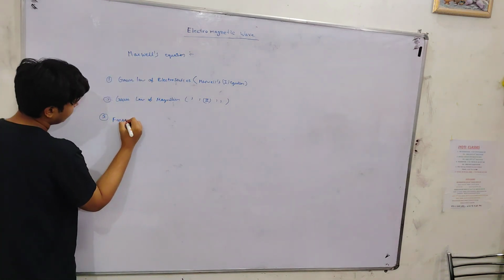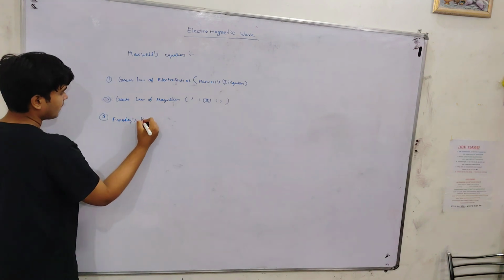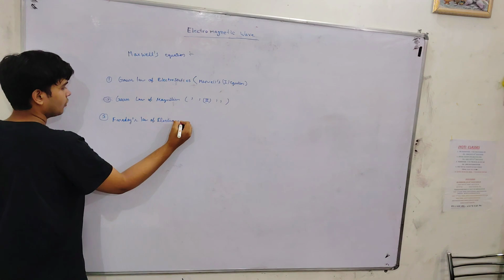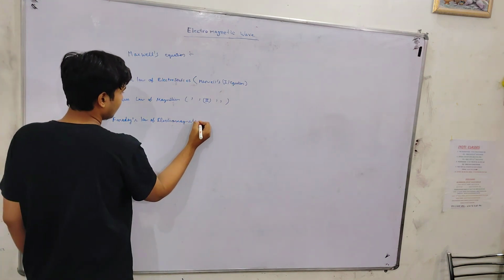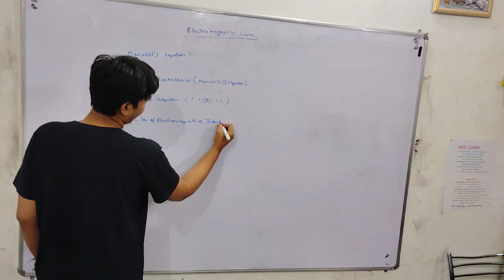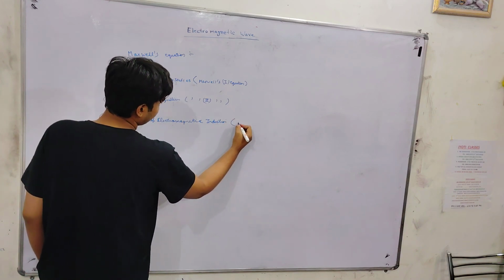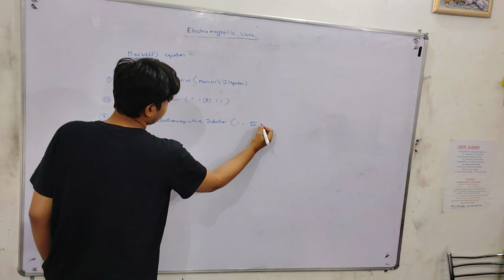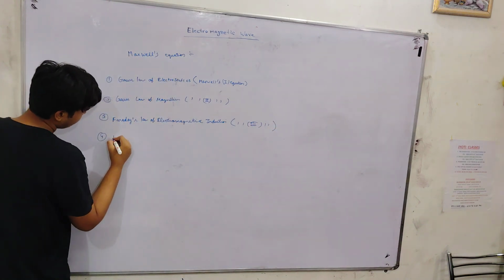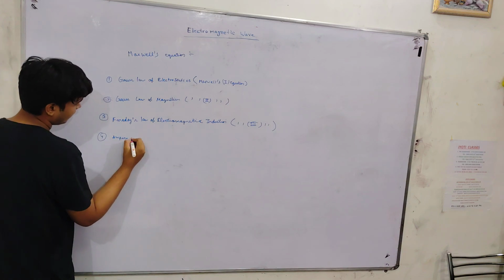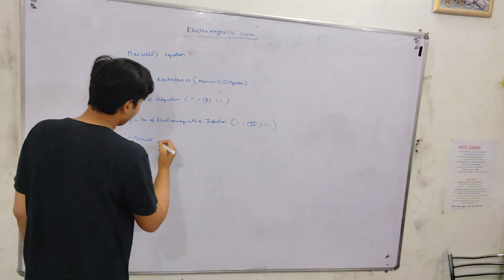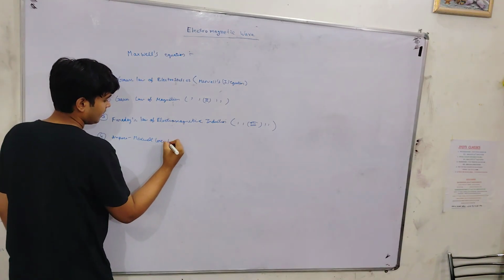This was Maxwell's third equation, and the fourth was Maxwell's circuital law. Maxwell did some change in the Ampere circuital law.